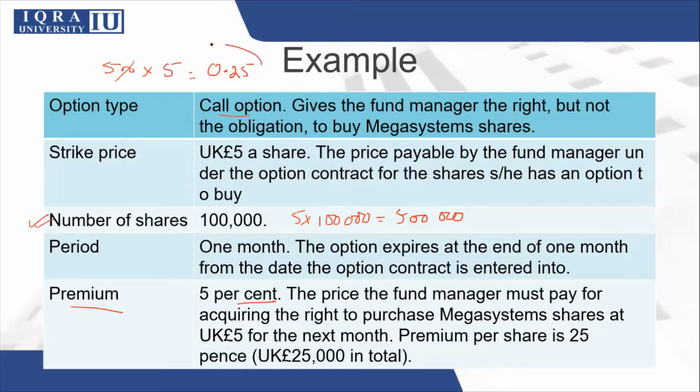Each share would require this premium. You will have to purchase that many call options. So you want to purchase 100,000 shares, and 1 share's call option is going to cost you 0.25. That means in total for premium, you will have to pay 25,000.